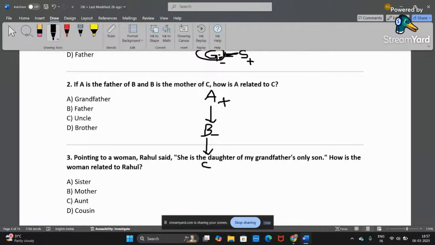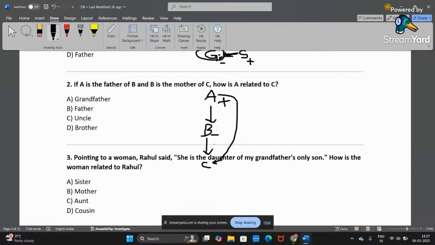Now, how is A related to C? So now we have to tell how A is related to C. What are the options? Grandfather, father, uncle, brother.